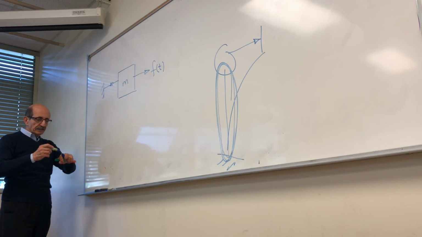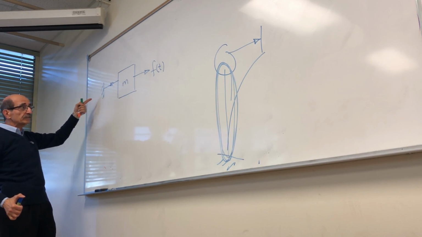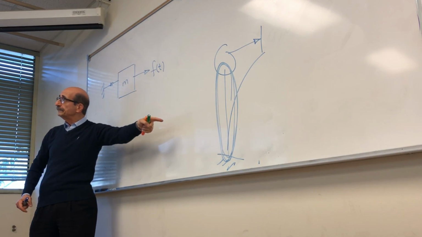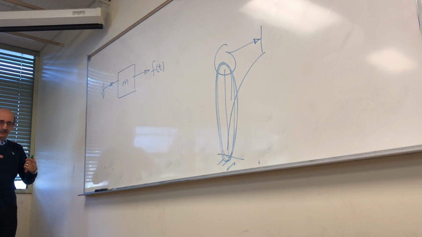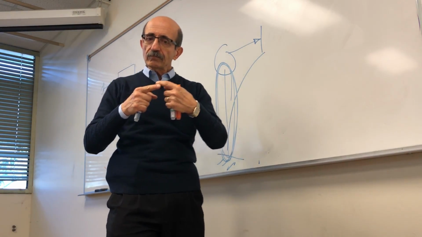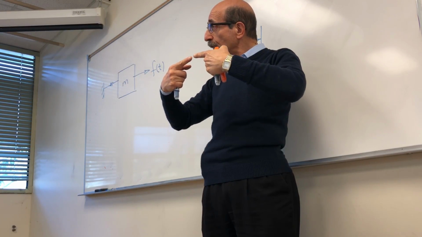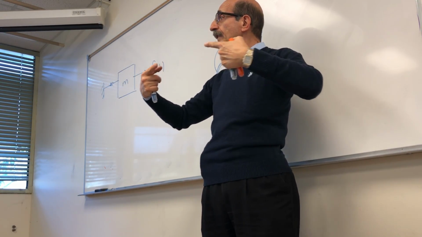So the spring, in a way, is subjected to that force that is applied to that mass. In other words, this spring is subjected to a one-dimensional force acting along the direction of that flexible element.